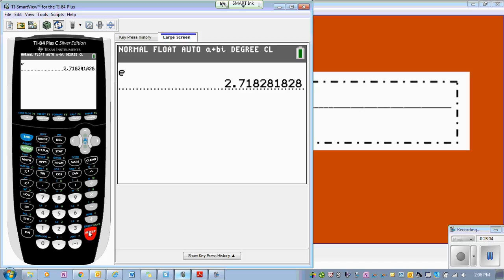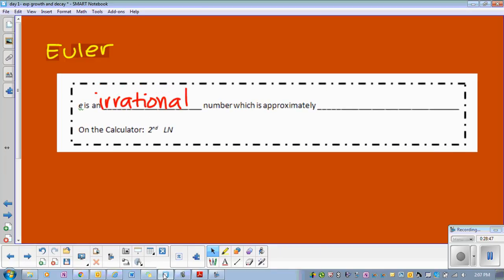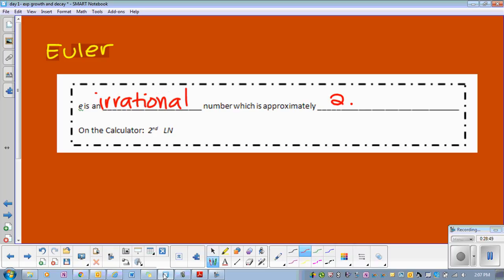So it's 2.718. We like to round it to 3 decimal places, okay? So we'll say approximately 2.718. When you put E into your Y equals, normally you should probably use second ln because that gives you an E to the, okay? But it's not wrong if you did second divide. Show you both ways.